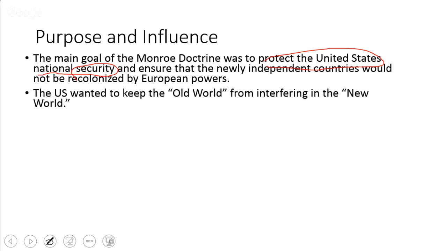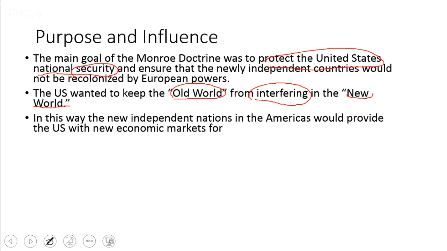When we talk about the old world, we always talk about the European countries. And the new world is North and South America. So it's kind of like, I want to keep you from interfering. That means getting involved.